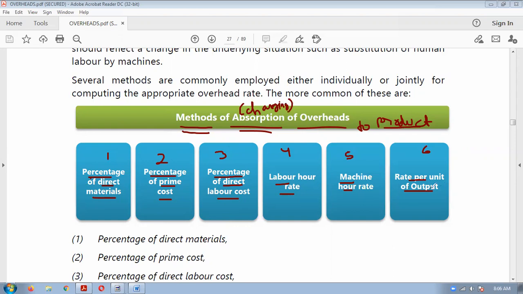So we can use any of these methods to charge the indirect cost or common cost to the product. Okay, so everybody note down these methods first: percentage of direct material, percentage of direct labor cost, percentage of prime cost, labor hour rate, machine hour rate, and rate per unit of output.